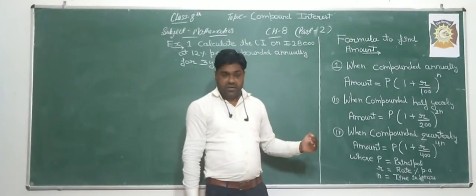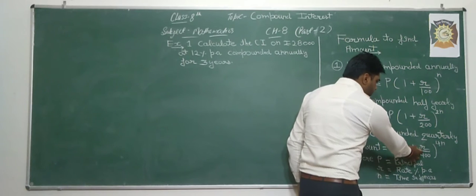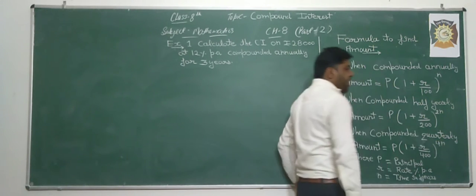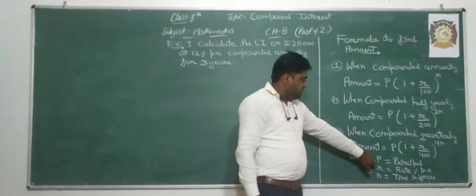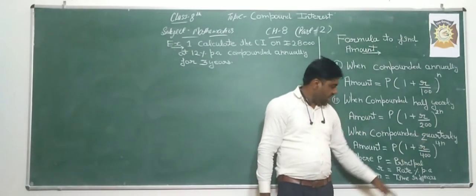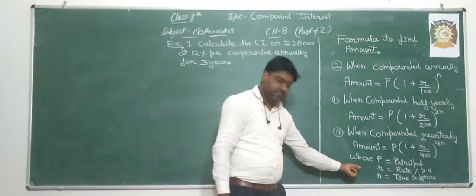So we use this formula: principal into 1 plus rate upon 400 raised to the power 4n, where p is the principal, r is the rate percent per annum, and n is the time in years.